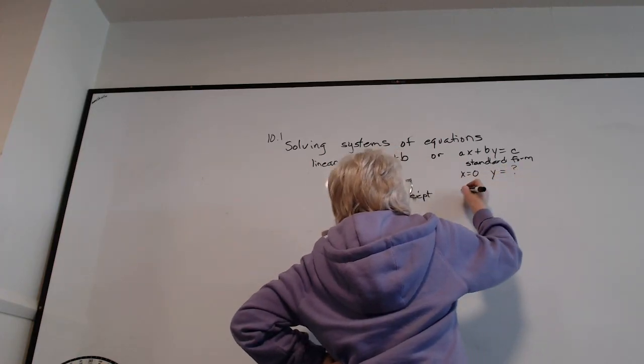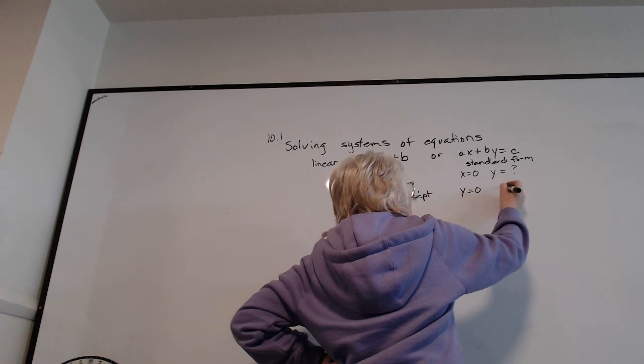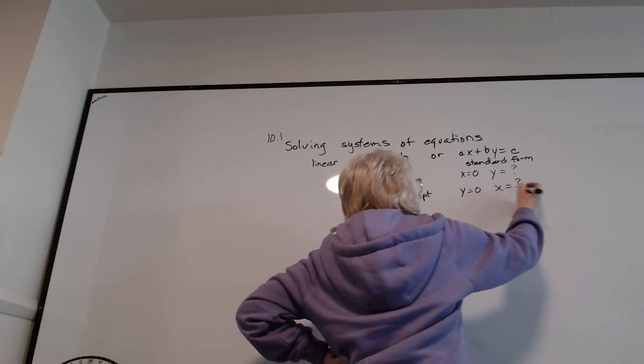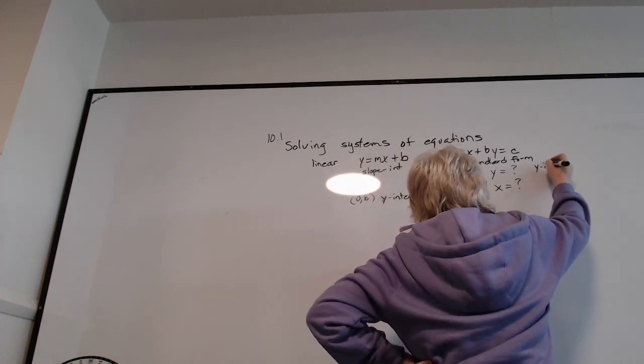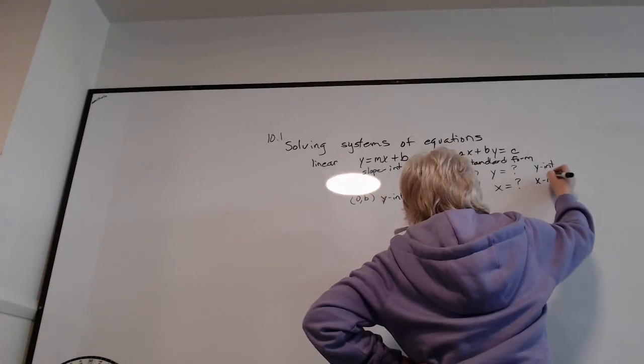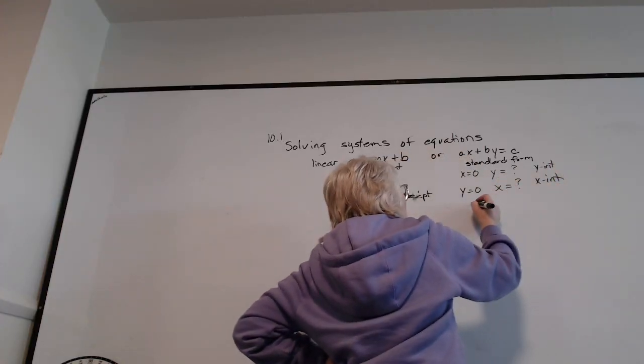You make y equals 0 and find x. This is your y-intercept, this is your x-intercept, and then you can graph.